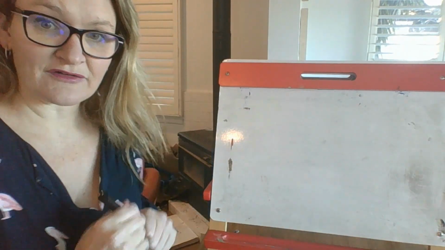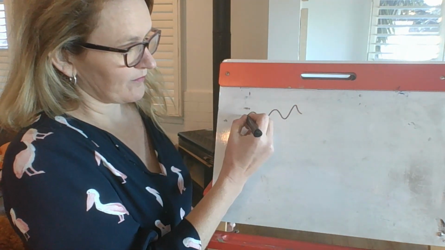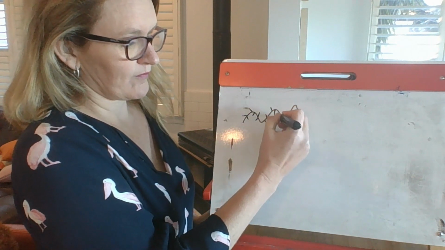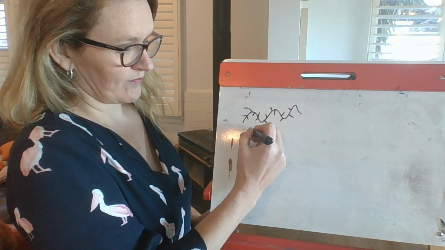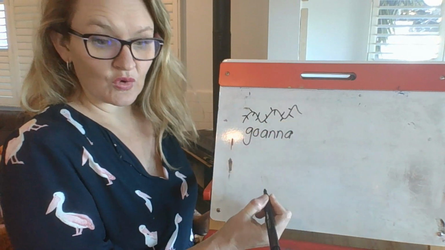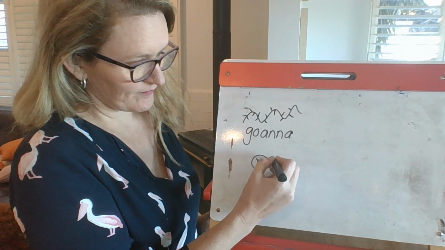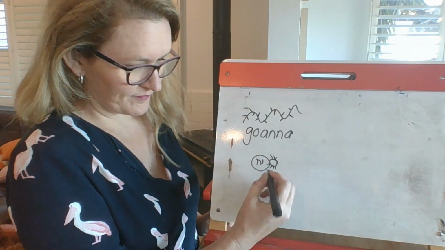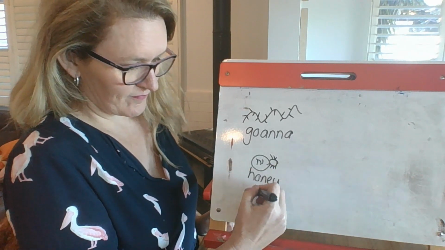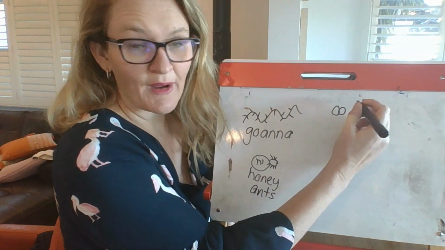So Xander found the symbol for a goanna. For honey ants. A witchetty grub.